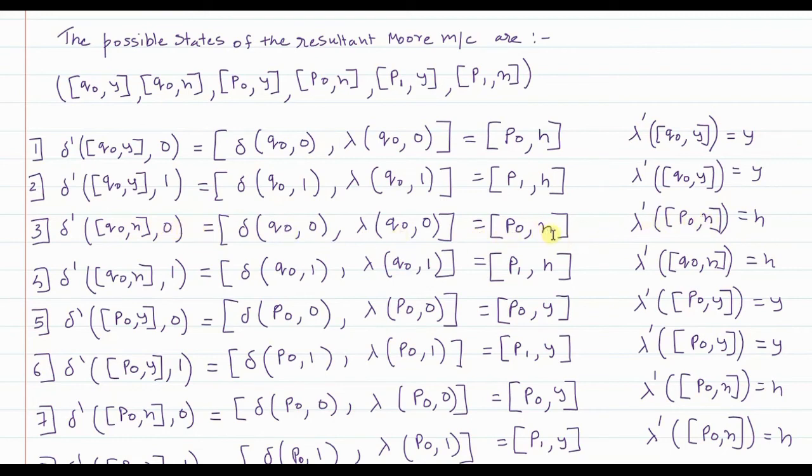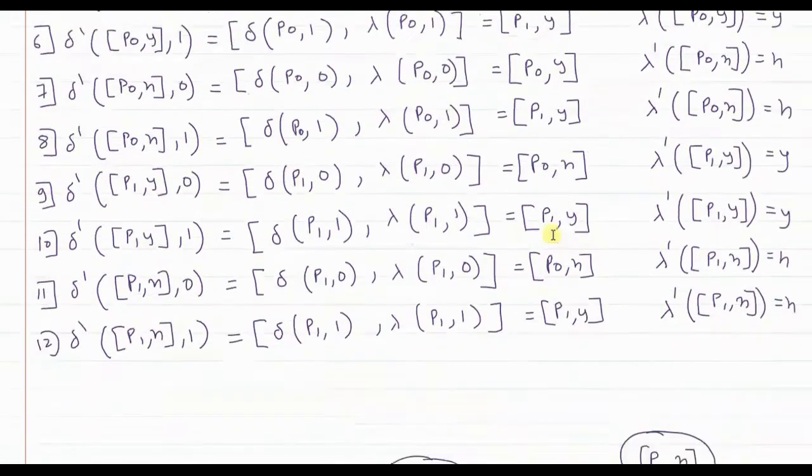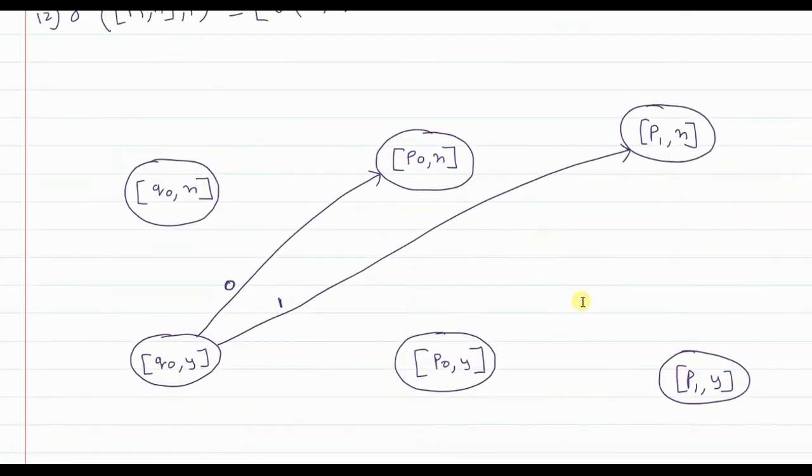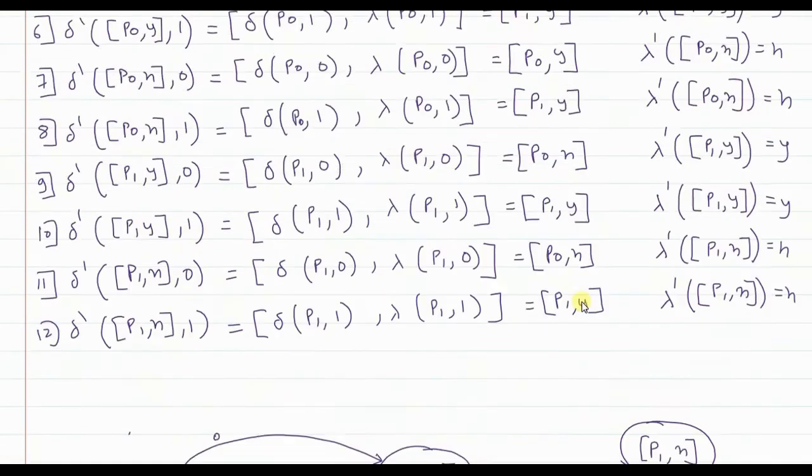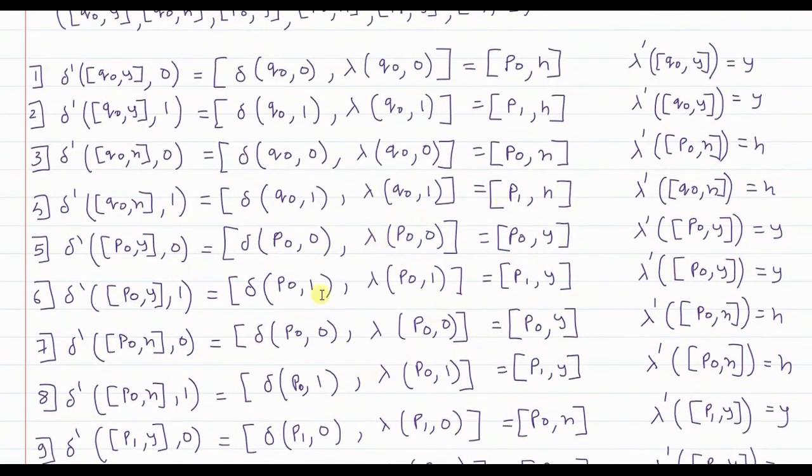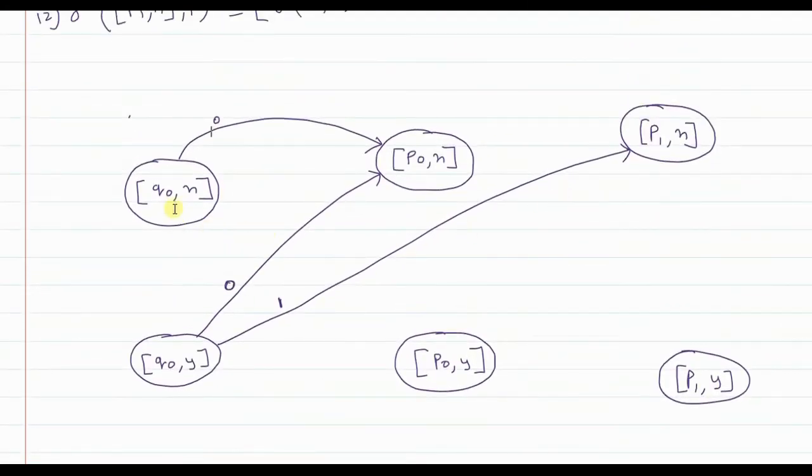Next we will see Q naught no. Now from state Q naught no on reading 0, you go to P naught no. So from this state Q naught no on reading 0 you go to P naught no. Now again from Q naught no on reading 1 you go to P1 no, right?